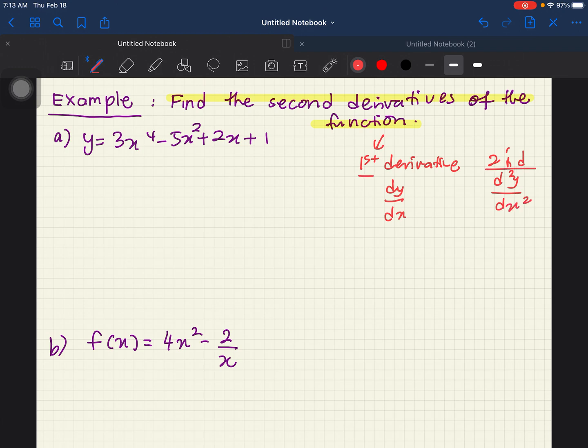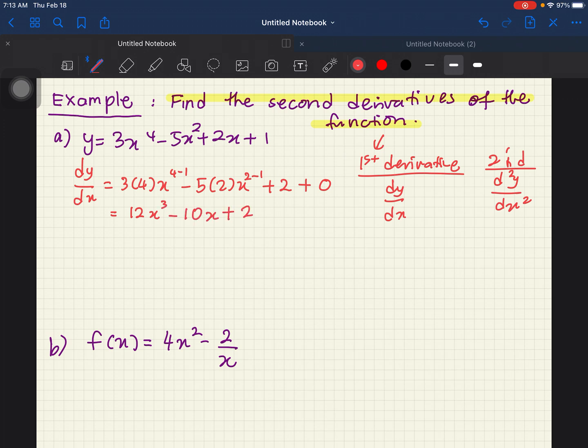Let's do this together. dy over dx equals, you tell me what this is. 3 times 4x to the power of 4 minus 1, minus 5 times 2x to the power of 2 minus 1, plus 2, plus 0. So you'll get 12x cubed minus 10x plus 2.